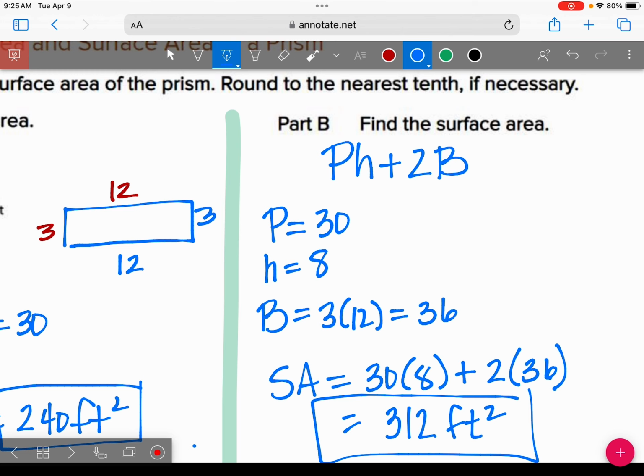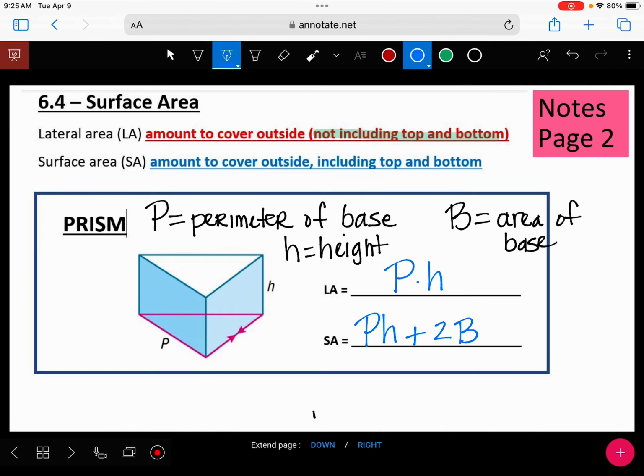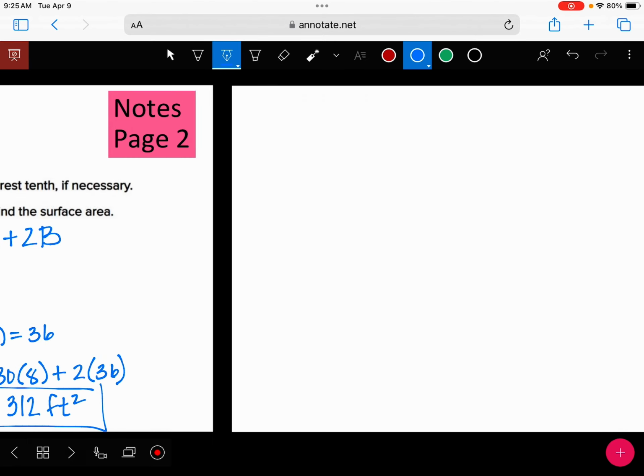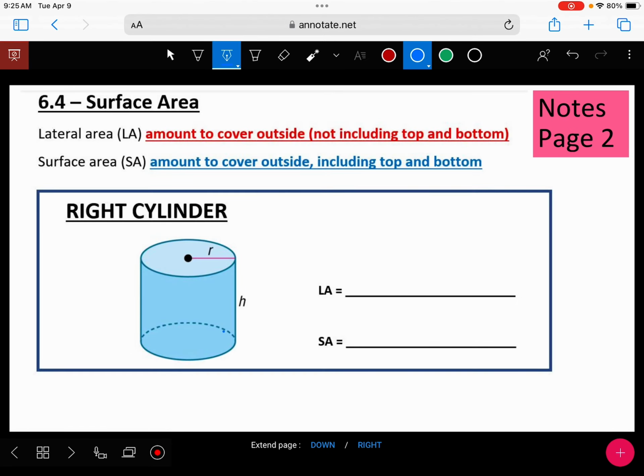All right, let's fill in our formula for a cylinder. So a cylinder has a base that is a circle. Does everyone see how that? We have a base that's a circle. Okay, so to find for a cylinder, which is kind of like a can, we have to know 2 things.